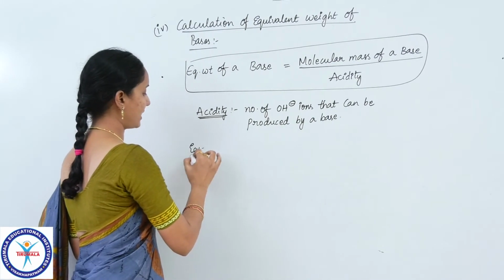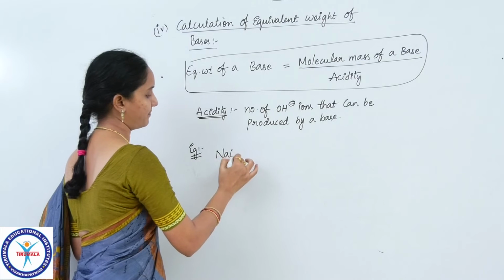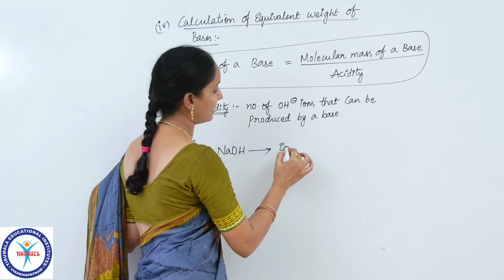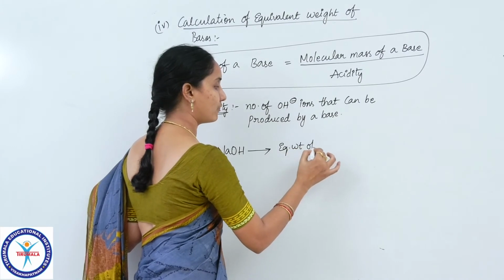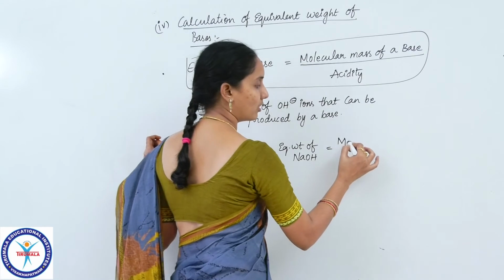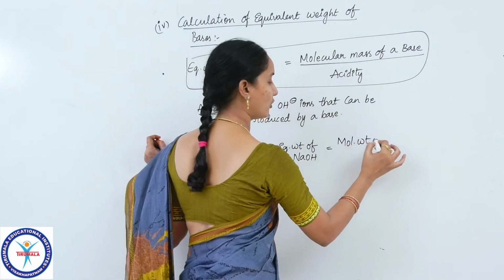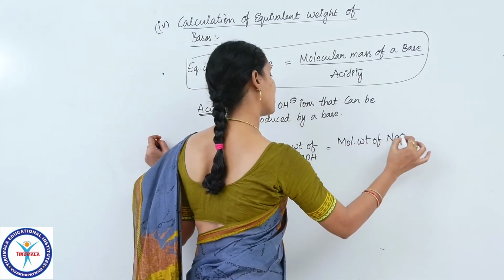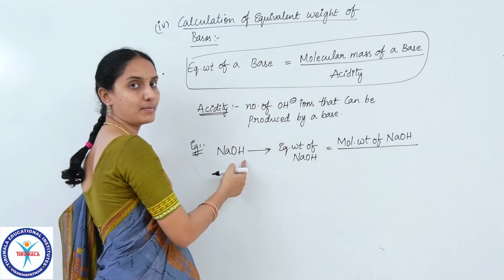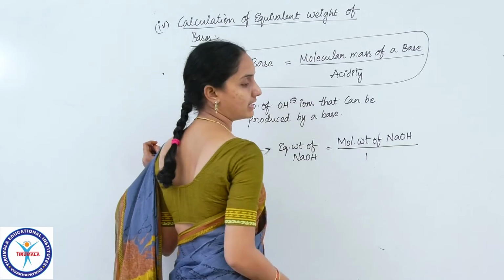For suppose if you take an example of NaOH, so if you want to calculate the equivalent weight of NaOH, it is equal to molecular weight of NaOH divided by how many OH minus ions it can produce? 1. So you should divide it by 1.